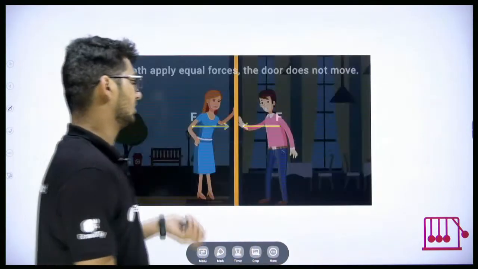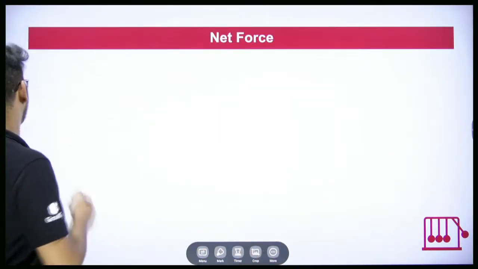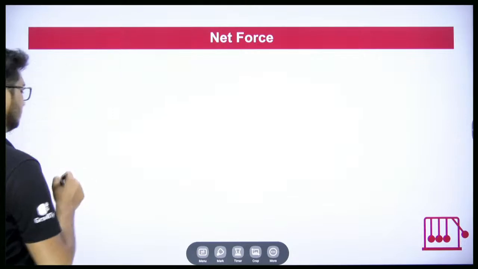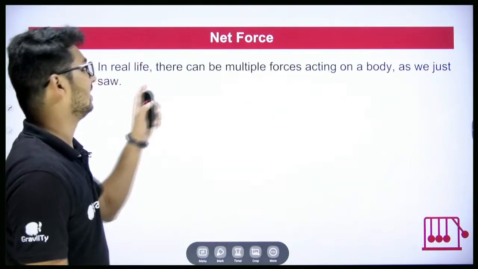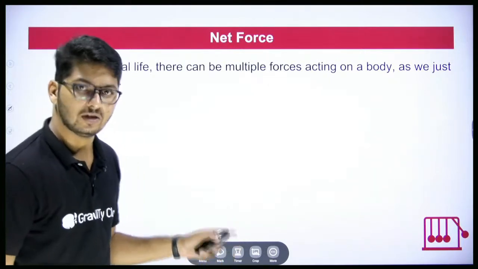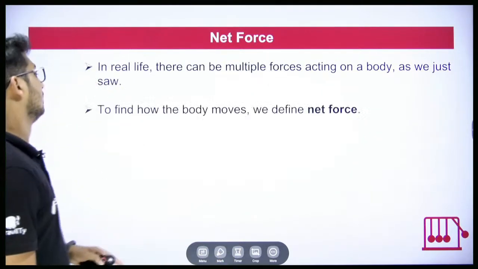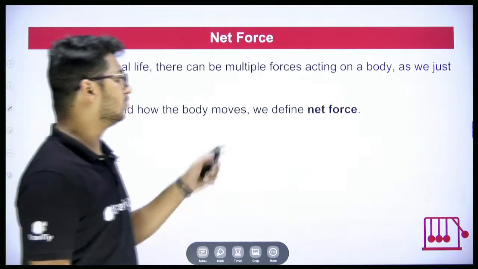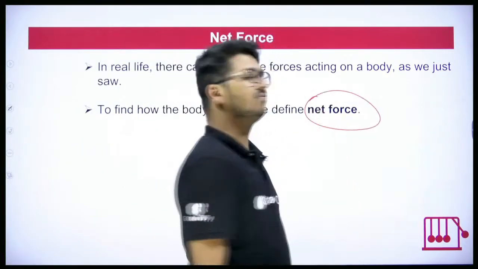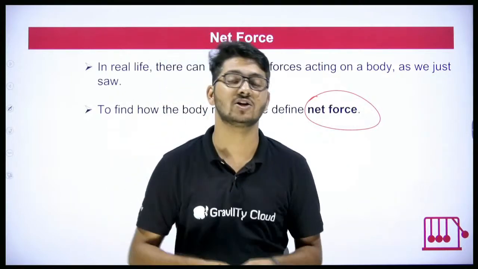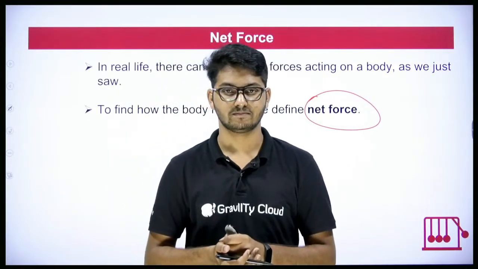Let's go into many such cases. Wherever you have multiple forces, that's when we define net force. In reality, there can be multiple forces acting on a body. So to find how the body moves, we define something called net force. Now what is net force? It is basically a combination of all the forces.